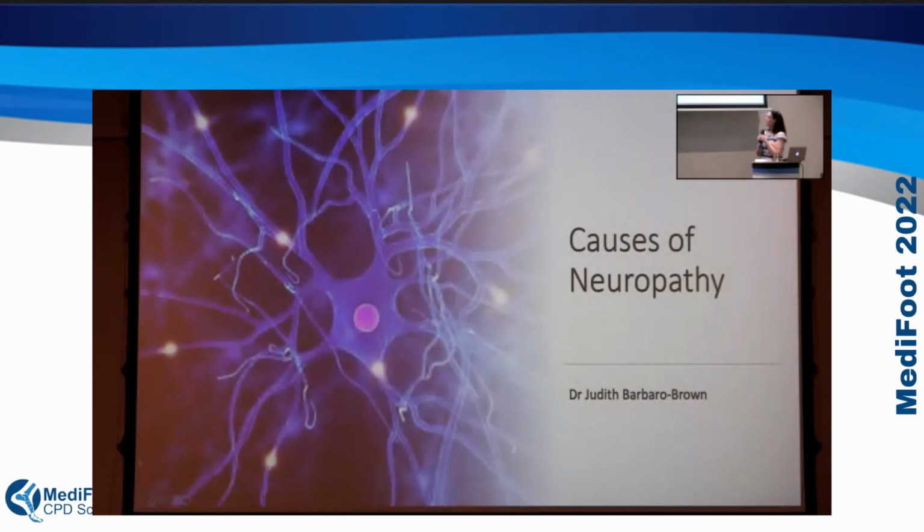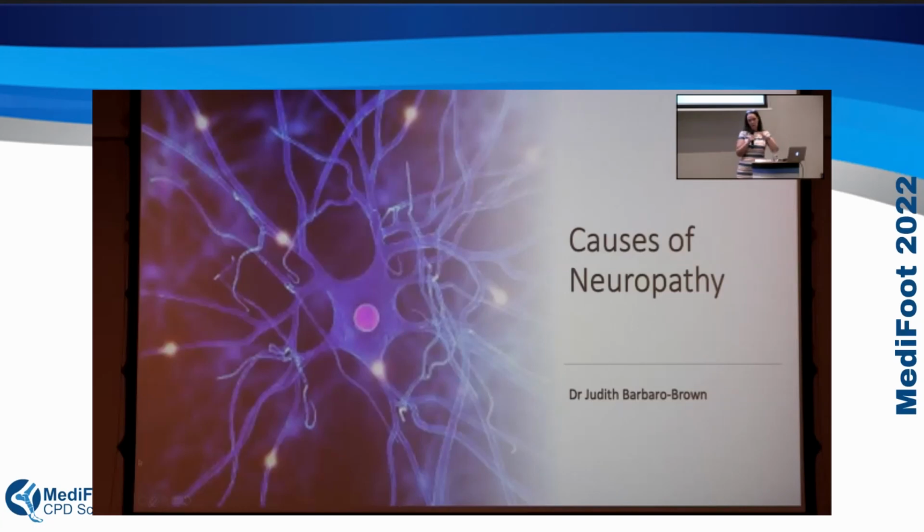So, in this session, as you can see from the title, we're going to look at a whole range of things which can cause neuropathy in our patients. Because this is such a vast subject that we could talk for weeks and weeks about it, I'm going to do it as an overview and then use one or two things as examples of specific types of neuropathy.